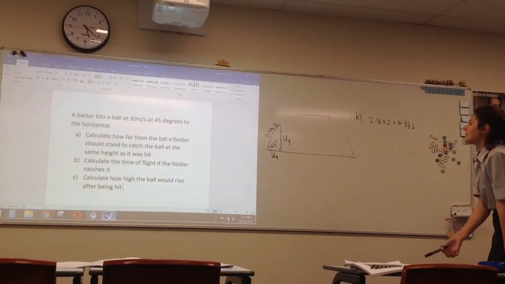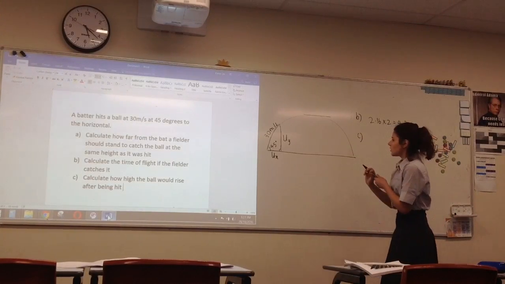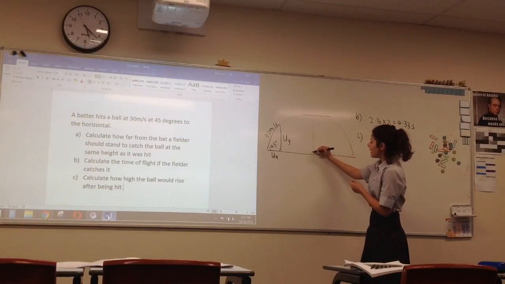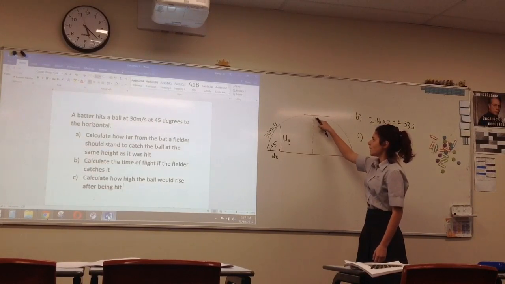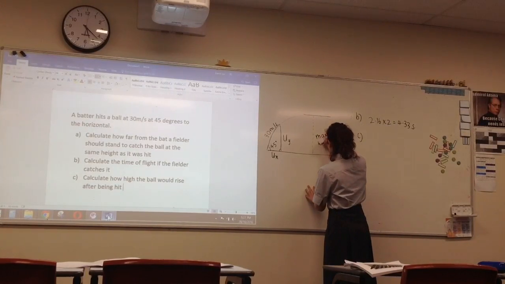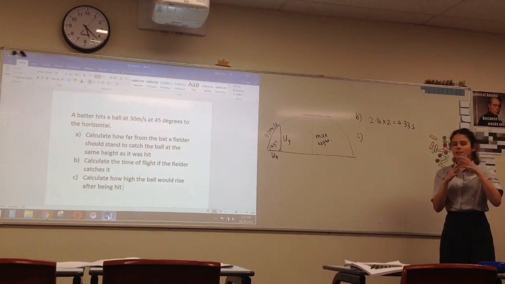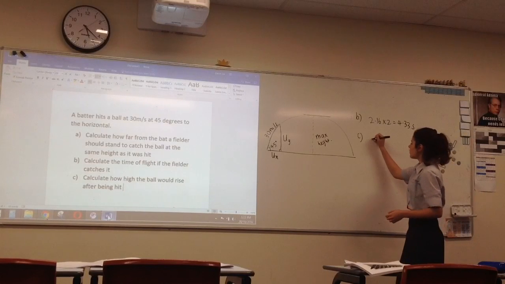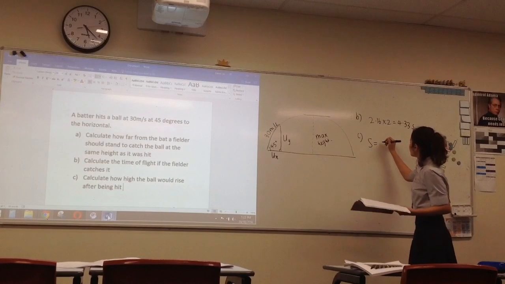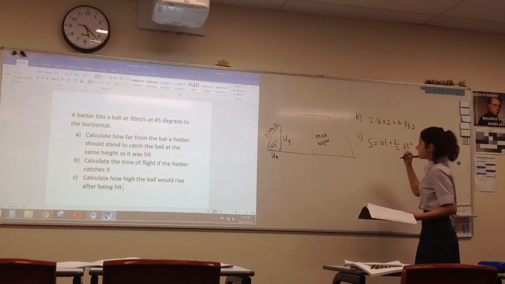And C is saying calculate how high the ball would rise after being hit. So to calculate how high, it's pretty much asking for the maximum height, because that's where you hit the maximum. So your max height is also like your displacement. So we use the formula S equals ut plus half at squared.